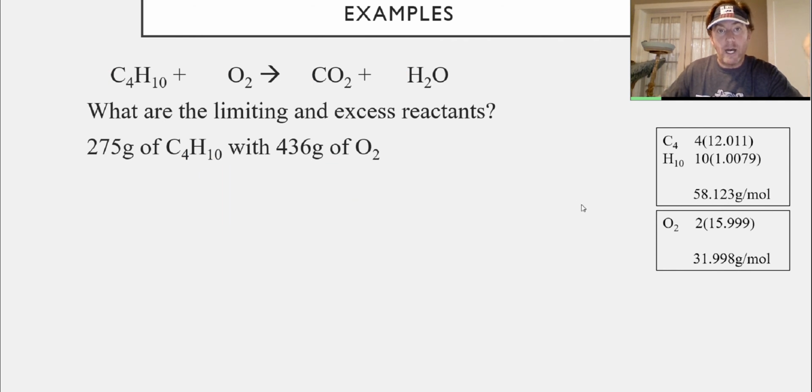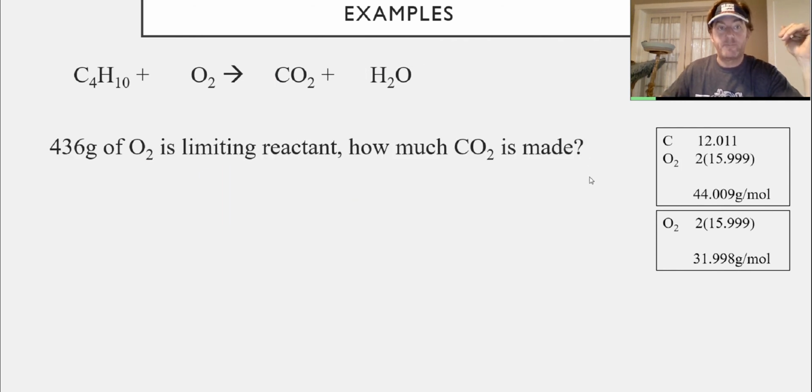Well, now we think of, well, I know which one's the limiting. So from that reaction with those two amounts, I want to figure out how much CO2 is made. So I know the oxygen is the limiting, so that's the one that I'm going to use. And now, using my grams of A to grams of B mapping, my B part is going to be the CO2 now.